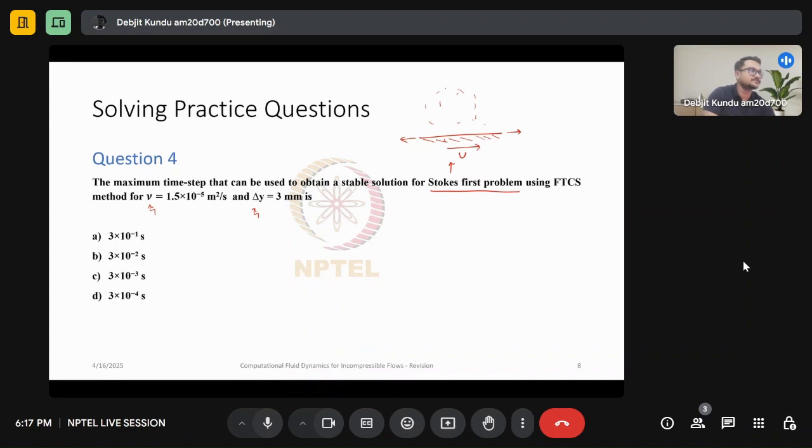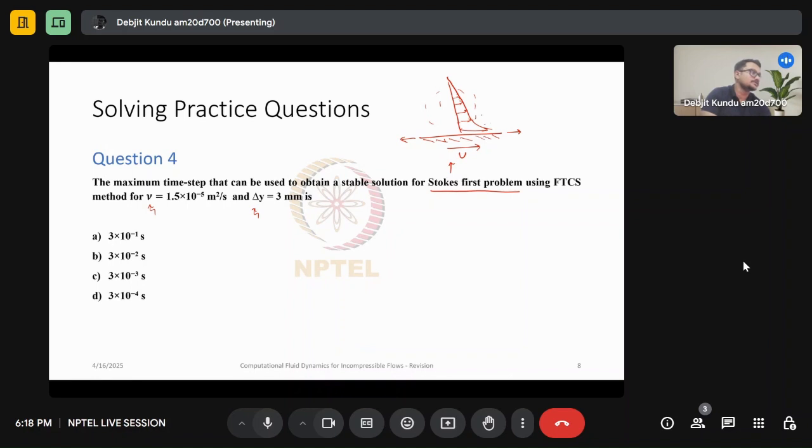So what happens as a result of that is that it sets up a velocity field in the fluid above it due to viscosity. So this is sort of the velocity profile, and it evolves over time as well. So given this, what is the maximum time step that you can use?